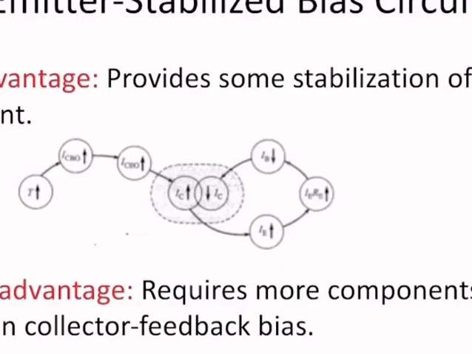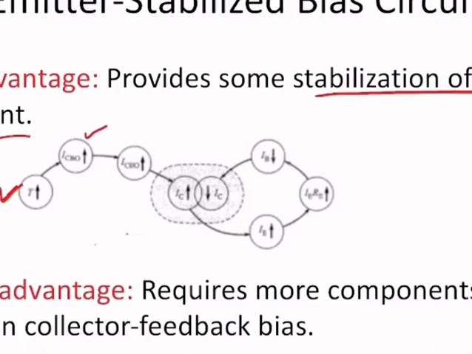Now come to the advantage and disadvantage of this particular type of biasing circuit. The first one is an advantage. This circuit provides some stabilization of the operating point. Now the question is how this circuit provides some stabilization of the operating point. We can explain by using this figure. In this figure you can see if temperature increases, the reverse saturation current, that is ICBO, as it is greatly affected by temperature, will also increase.